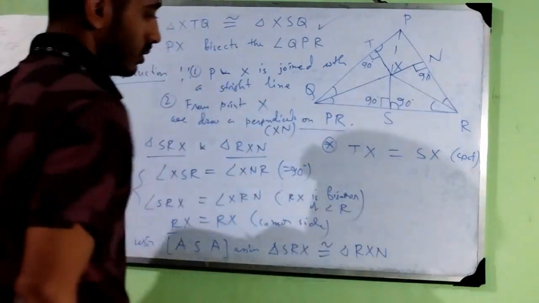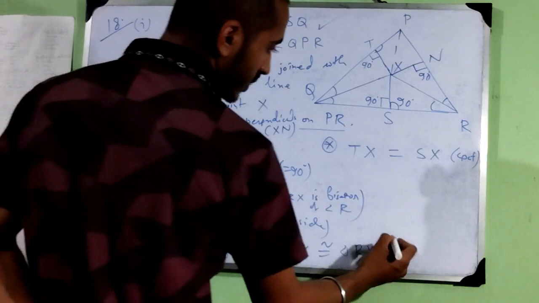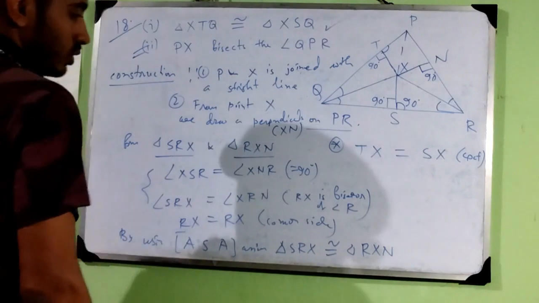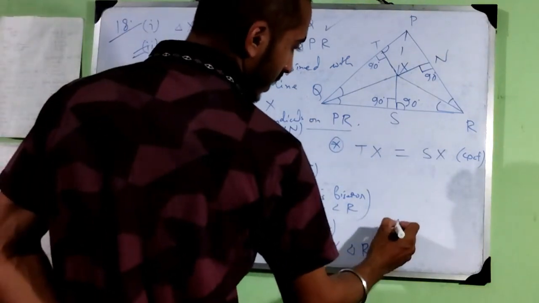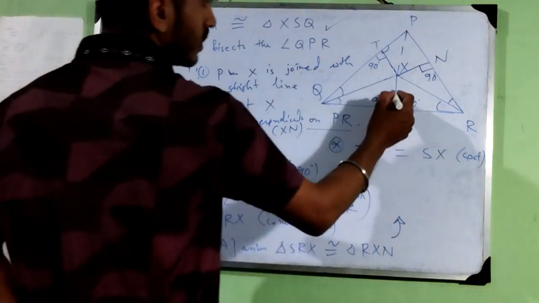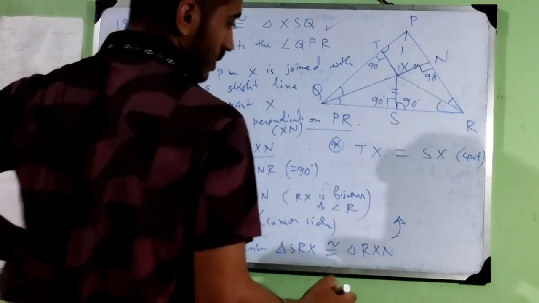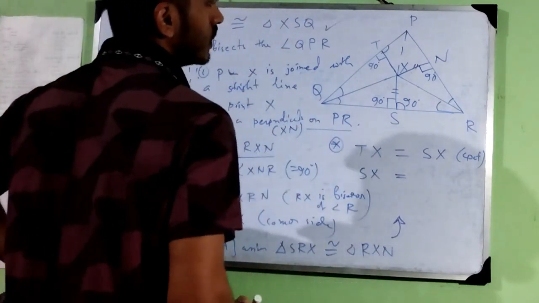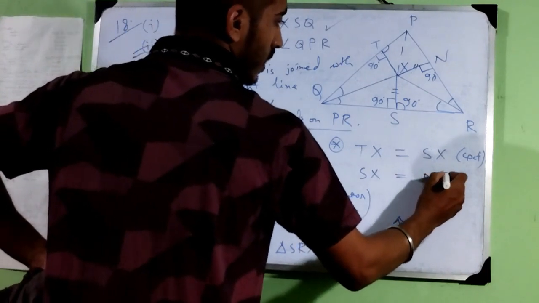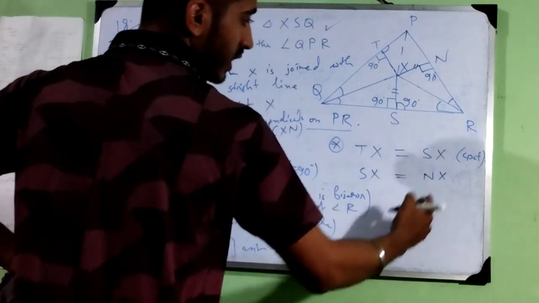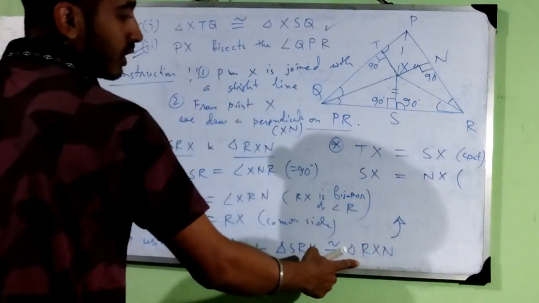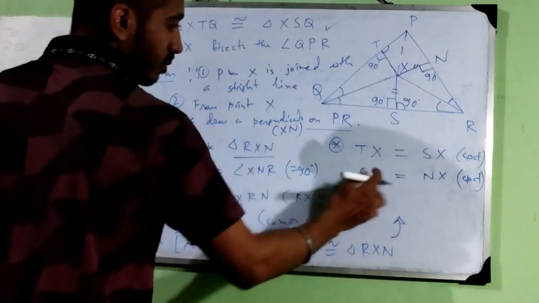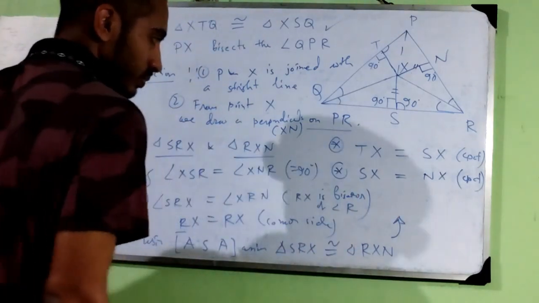From the congruency of the triangles we can write that these two sides will be equal, that is SX equal to NX, from the corresponding parts of congruent triangles, CPCT. That is another result from here, and we write it here.